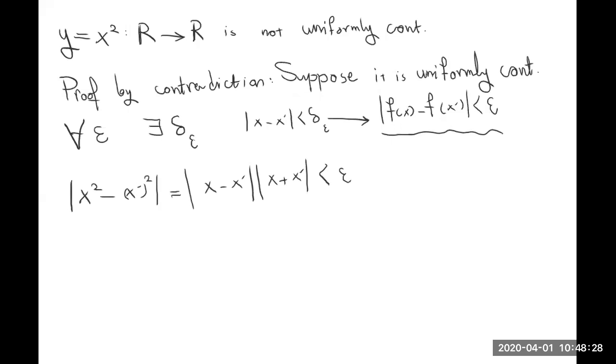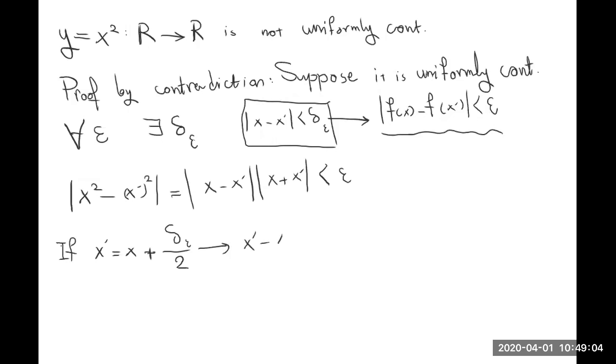So it's supposed to be correct for any two points, x and x prime, where their difference is less than this, right? So for example, if x prime is x plus this delta over 2, the theorem should be correct for these two points, because if x prime is x plus delta over 2, then x prime minus x is delta over 2, which is less than delta.